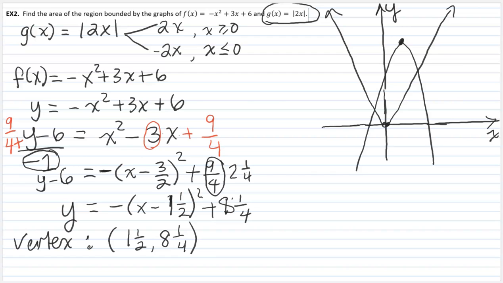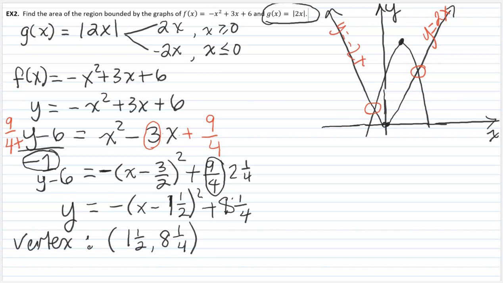Okay, and then the question that you may ask is, how do we know where these two intersect when we are only sketching, right? Well, that's when you use your algebra. Remember that this one right here is y equals negative 2x, and this one right here is y equals positive 2x, right?